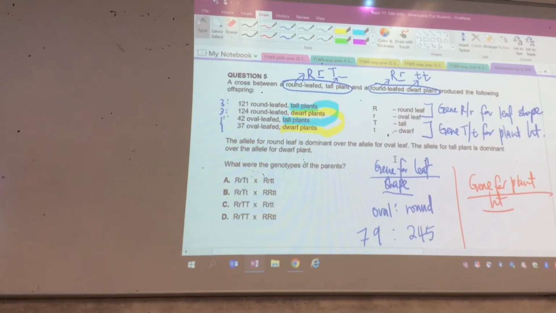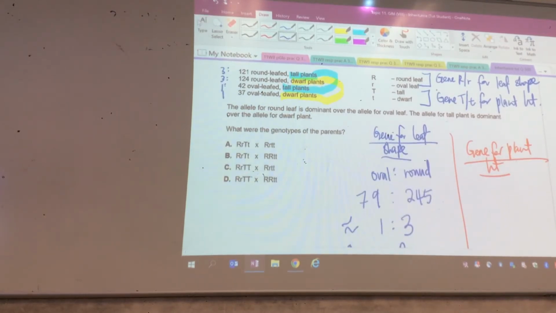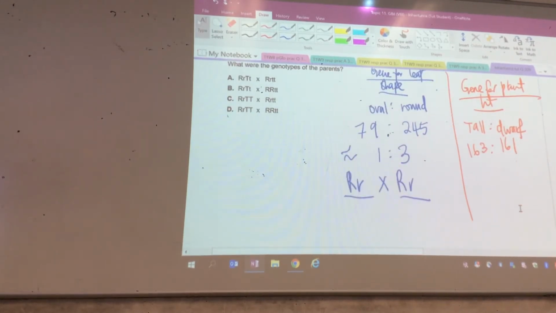So I do a calculation. What is the ratio that I get? Wait, let me just write it out first. Tall to dwarf is approximately 163 to 161. For genetics, you have to bring your calculator for exams. And it is approximately 1 to 1.